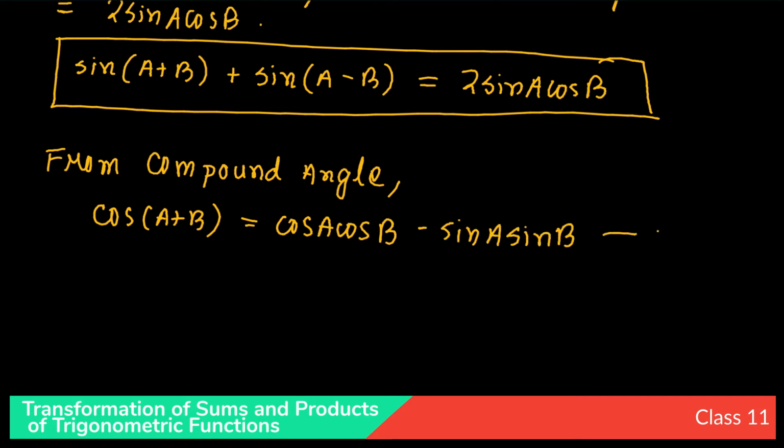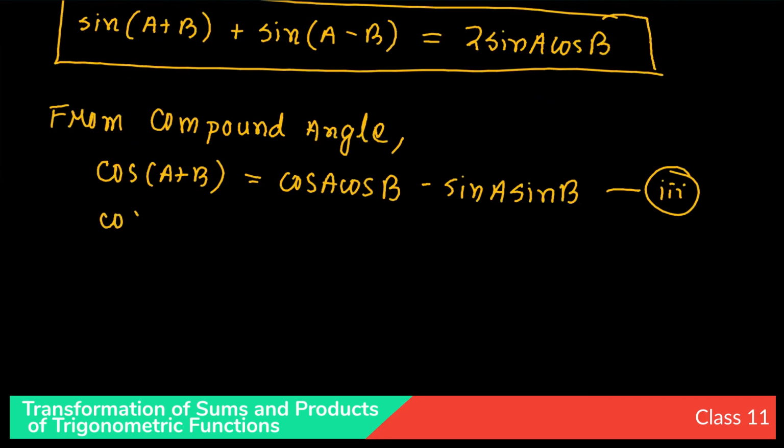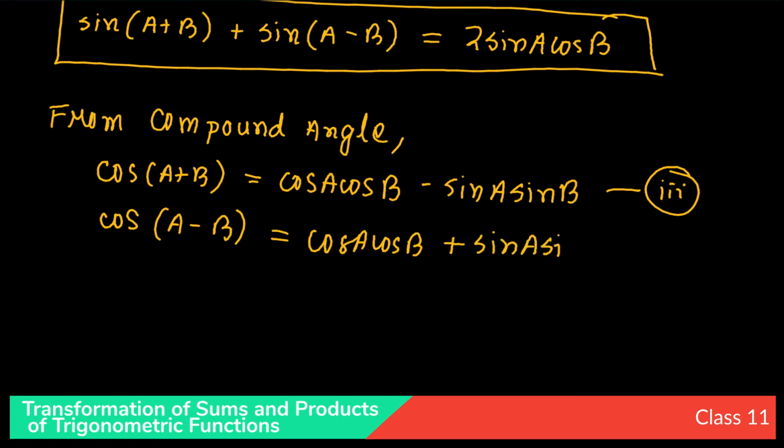I am marking it as 3. Again we know cos of a minus b is equal to cos a cos b plus sin a sin b. Suppose it is 4.